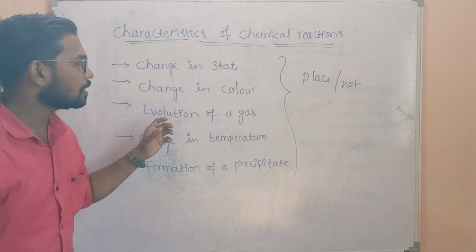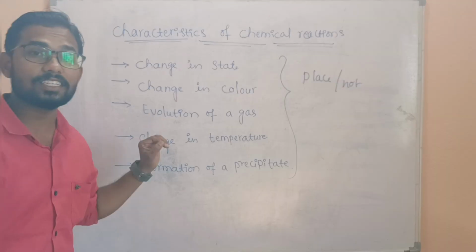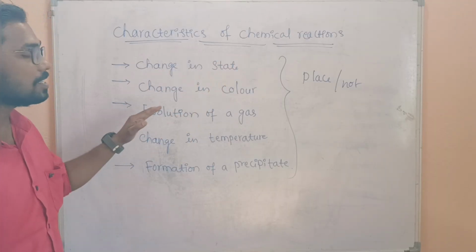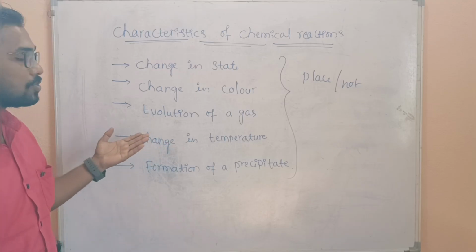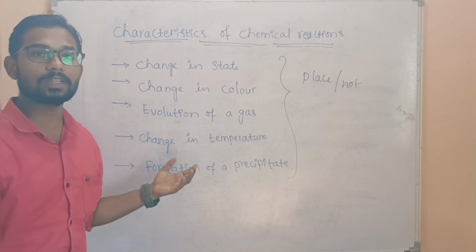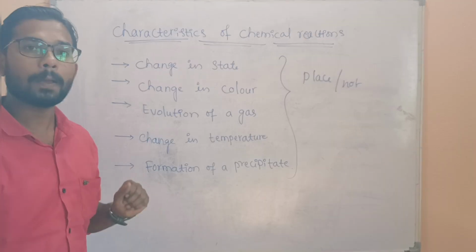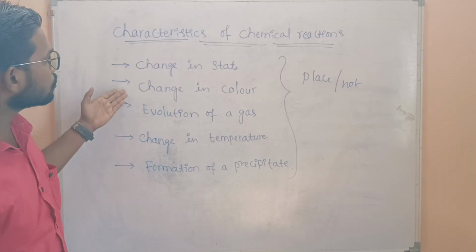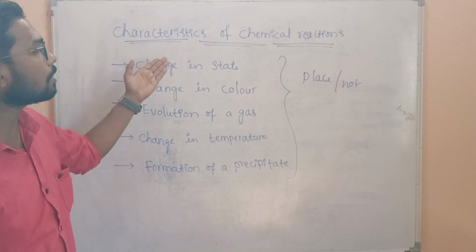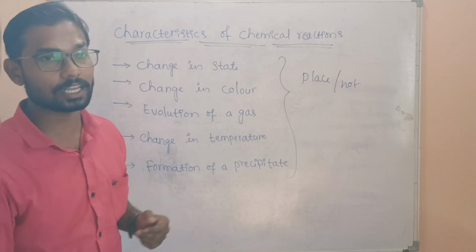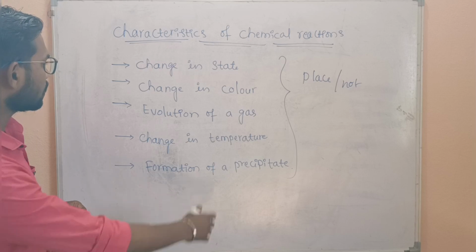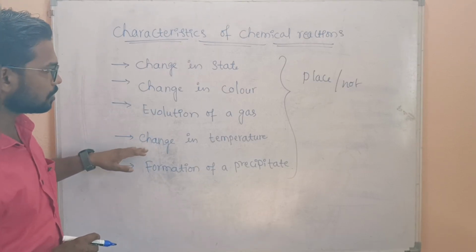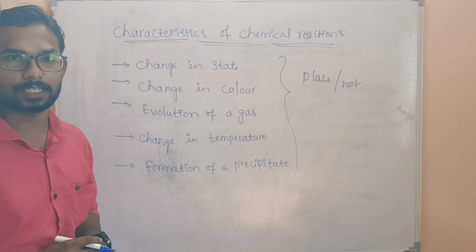If in a reaction it's changing its state, then we are going to say that a chemical reaction has taken place. And change in color, then also we can say that. And evolution of a gas, then also we can confirm that the chemical reaction is taking place. So these are the very important things: change in state, change in color, evolution of a gas, change in temperature, formation of a precipitate.